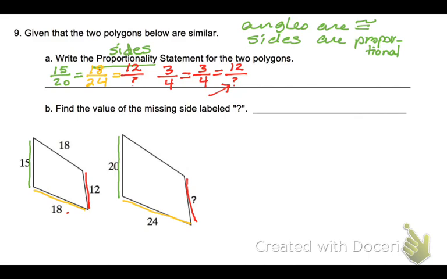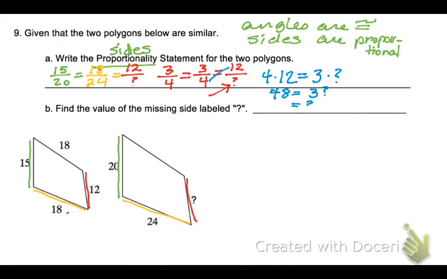Again, we can cross multiply. So 4 times 12 is going to be equal to 3 times the question mark. 48 equal to 3 times the question mark.